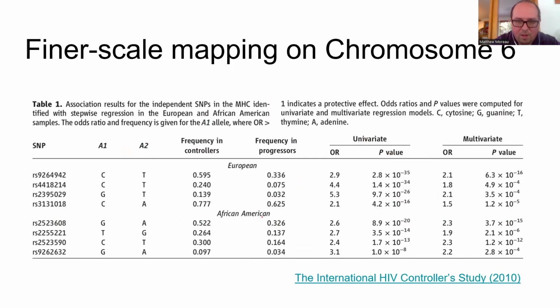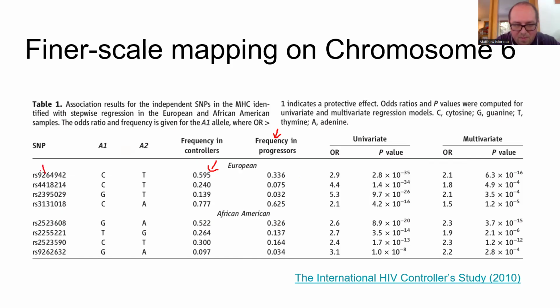So again, we look at all the SNPs that are either in Europeans or Africans in their particular frequency, in controllers versus non-controllers. So people who are what we would call wild type or progressive infection. And here are the transitions. So we have just a regular transition, C to T, and in Europeans again it has a high percentage rate.